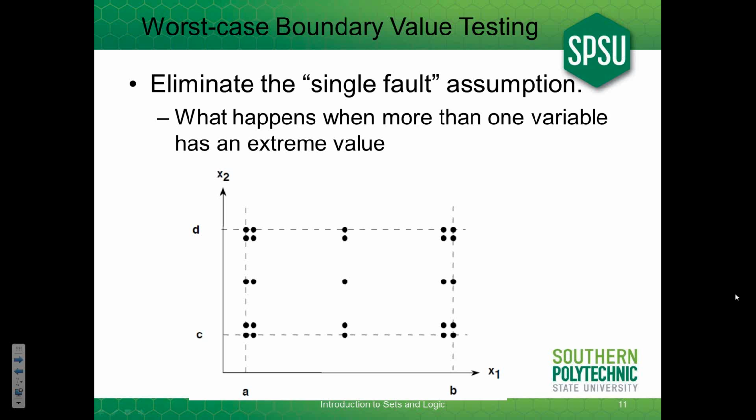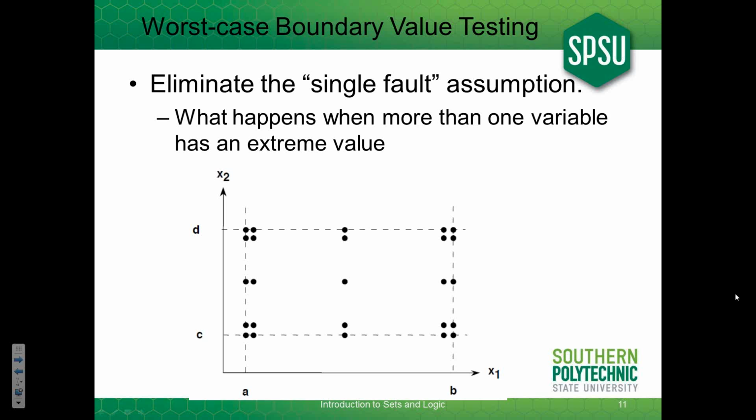Now in addition to x1 having its nominal value, you're going to go through the cases for every single one when it has its min value, min plus, max minus, and max.